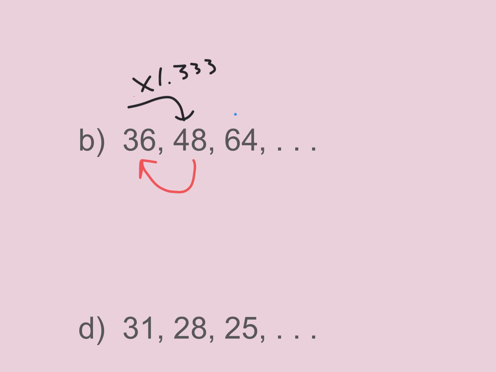What is 48 times 1.333? 64. That makes this the common difference. Nope, that's if you're adding it. Common ratio. It's called the common ratio.